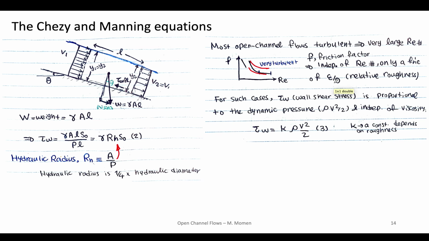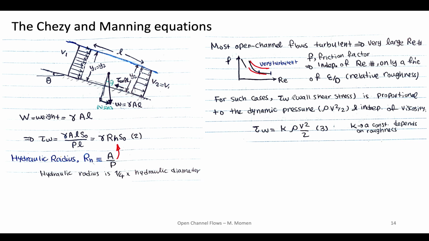So for pipe flows, this was the thing we had for the friction factor. So this was the Moody diagram. For pipe flows, the friction factor is independent of the Reynolds number for very large Reynolds number, and is only a function of epsilon over d, right? This is something we found from the Moody diagram, and we found it from experiments actually.